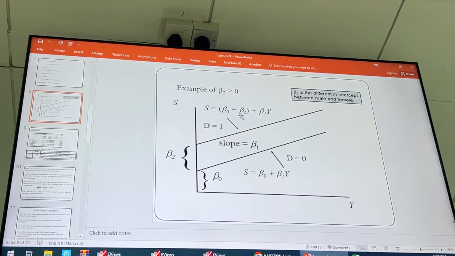So after we estimate, we want to know whether there is a significant difference in saving for male and female. If beta 2 is not equal to 0, then there is a difference. If it is equal to 0, there is no significant difference. So we have to test whether beta 2 equals 0 or not.